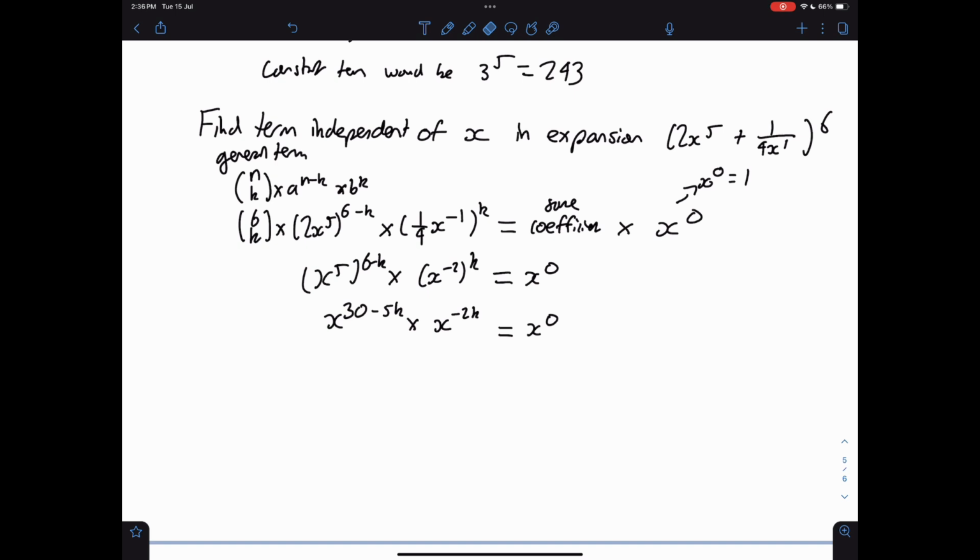But that's fine, not major. If we just replace all the negative 2's with negative 1's, then we'll be back on track. We add together those powers. We get 30 minus 6k equals 0. Minus 6k is minus 30, or 6k equals 30, and so k is going to be 5. Apologies, folks, for that.